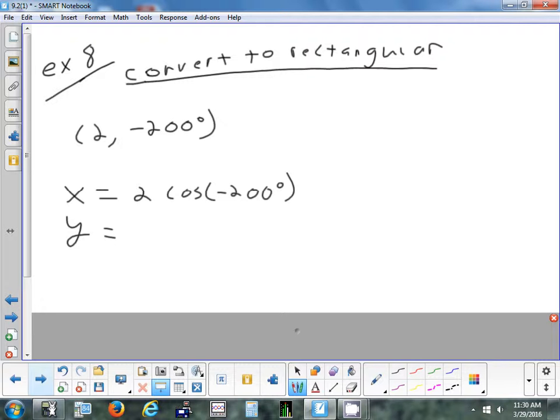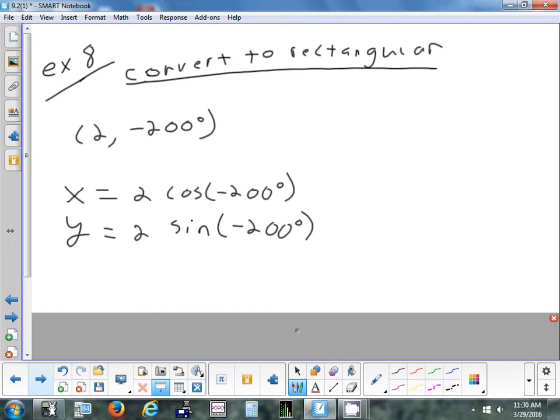That's true. We could get rid of the negative in the cosine. We'll just use the calculator. But that's a good point. What about my formula for y? 2 sine negative 200. And again, if you were thinking what Brian was doing, you technically could put the negative in front. But let's just type it in the way it is.